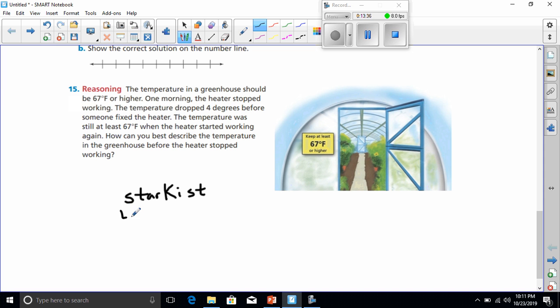Star-kissed, low sodium, let's see, well, there's a weird word. Albacore white tuna.